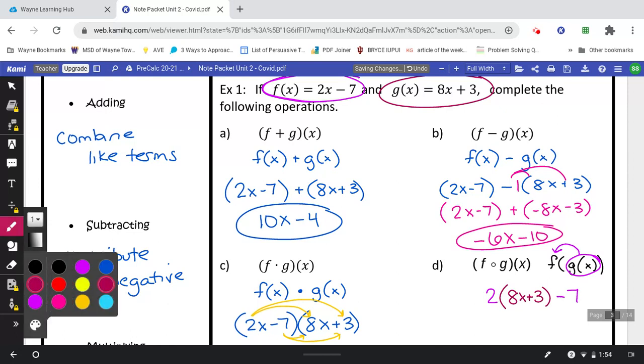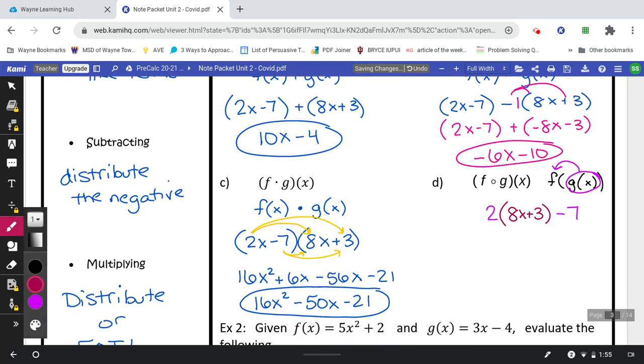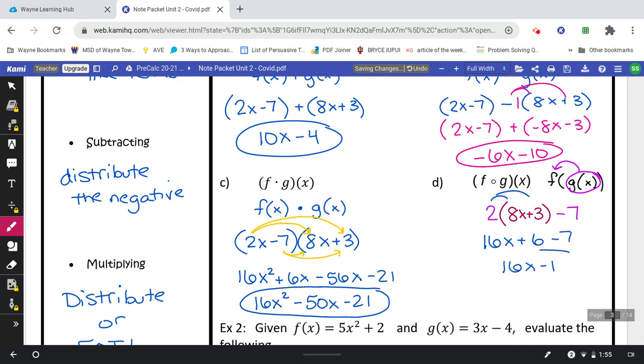So you could even draw an arrow here. This is going into that x right there. Once you have it set up, the rest of it's pretty simple. You're just going to distribute, combine like terms. There we go.